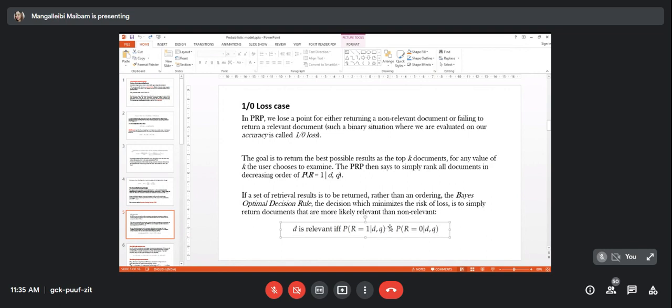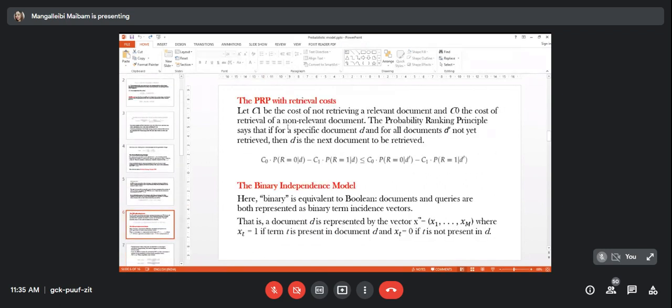So this means mostly we are going to return the relevant document, only the relevant document. This condition is the Bayes optimal decision rule. It minimizes the risk of loss, and we are returning only the relevant documents rather than the non-relevant documents.